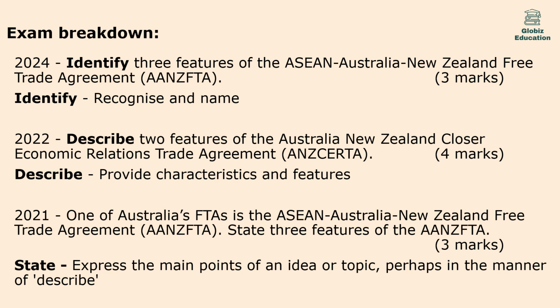The next was a describe, so you just had to go in a little bit more detail, but again, only 2 marks for each feature. And the last one was state in 2021. Again, the main points. So in no way in the last few years did you have to link it to a case study, explain or comment. Pretty simple questions if you are well and truly on top of your content.